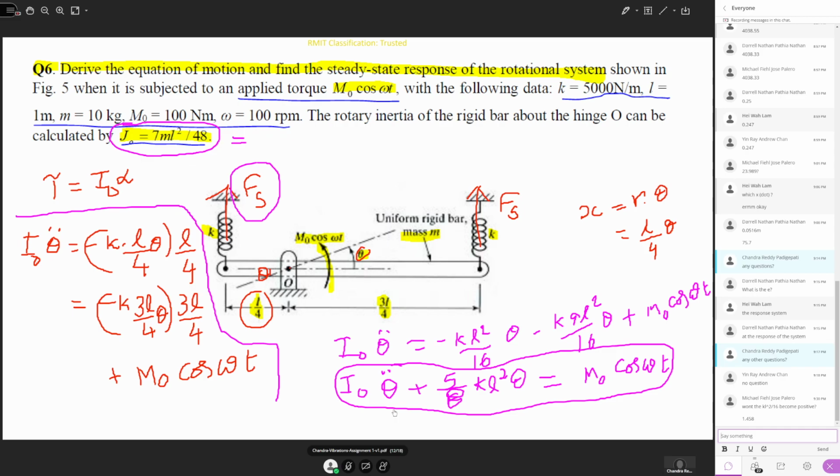What's the unit, Michael? 1.458. Any unit? Second? Loudly. No. Mass is in kilograms, right? And L is in meters square. So kilogram meter square.